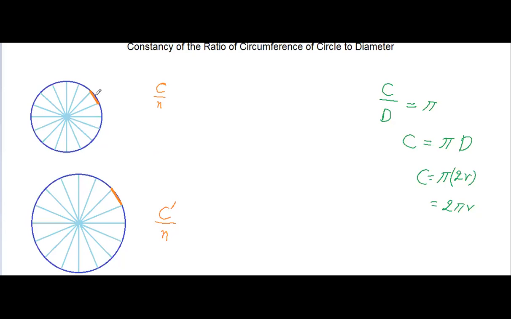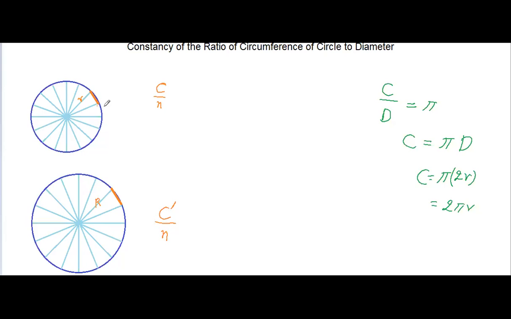Now this has got radius r, and this has got radius, suppose capital R. This arc length I am going to take equal to the side of this triangle.